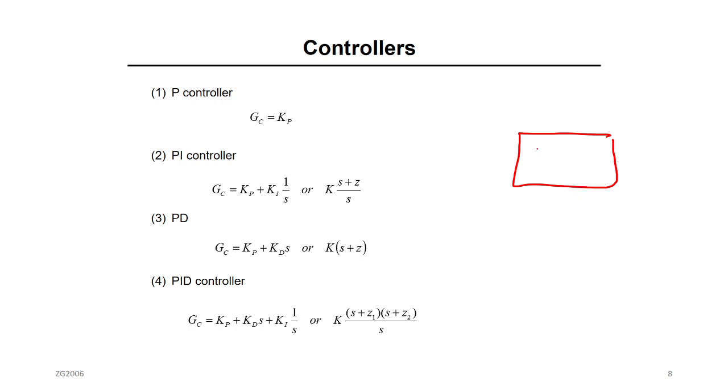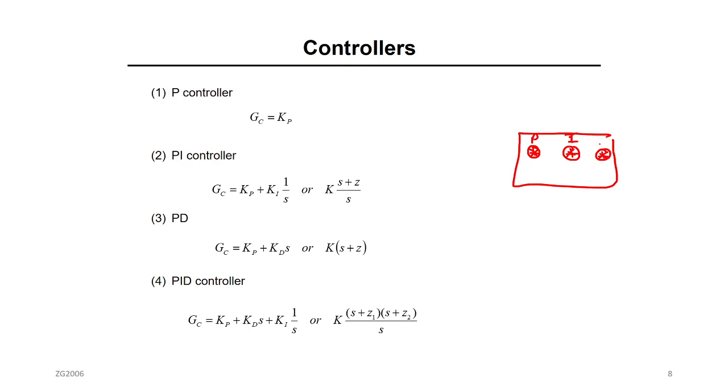In this board, you will have a button, for example, for the proportional controller, and another button for the PI, or the integrator separately. And another button, for example, for the derivative.